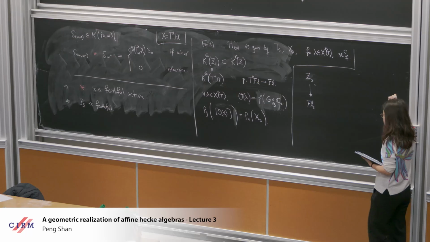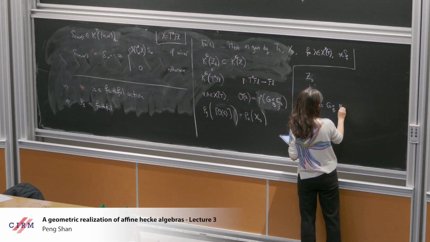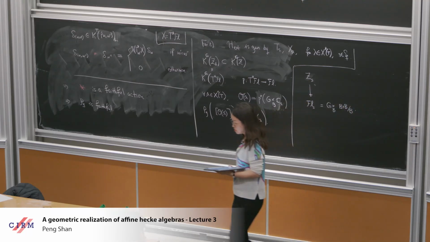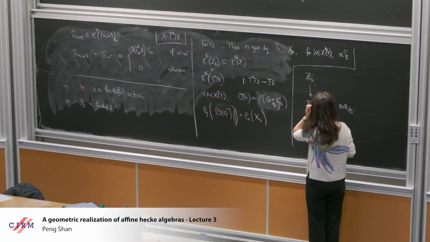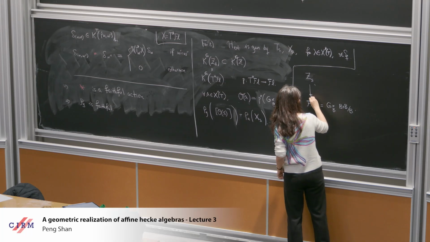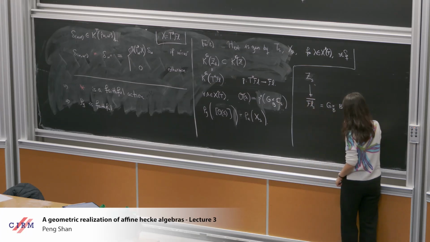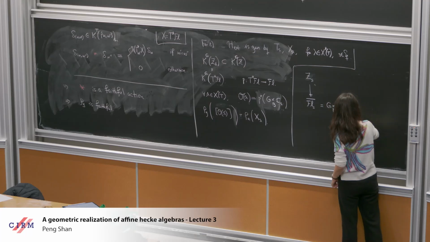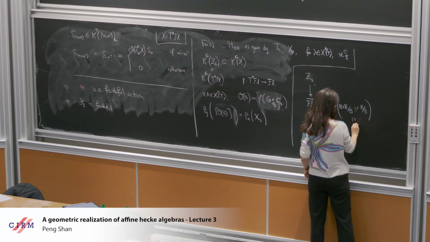So what does FL of s look like? This is G over B, B s B over B. But when you consider K-theory classes, you need to take classes on closed varieties. So you want to work with the closure of this orbit, and we know that it is given by just a union of this with B over B. So in total, this is a copy of P^1.